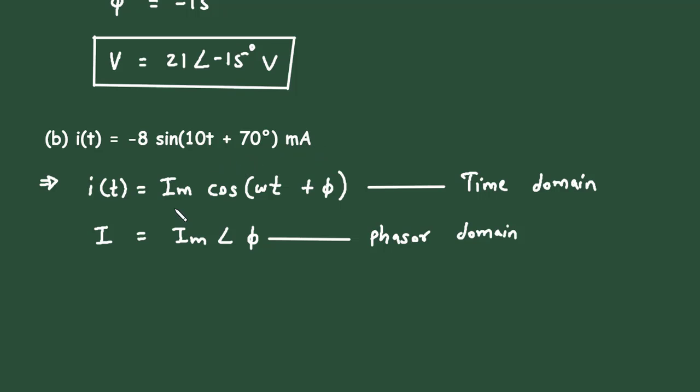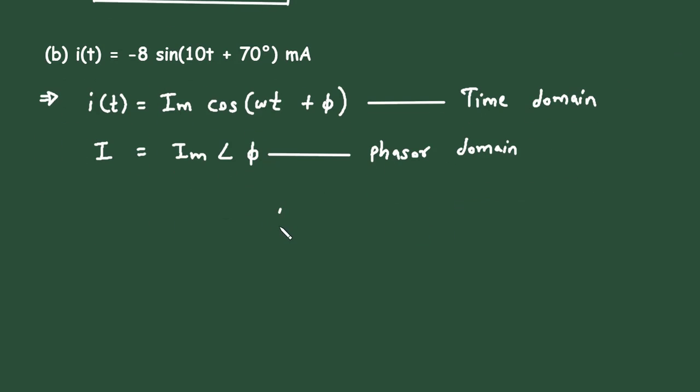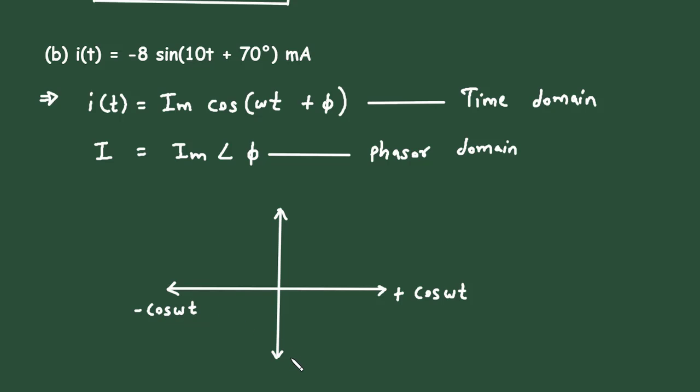Now we have to convert this minus sine into plus cosine form. So let's go to the basics. Here this is plus cos omega t and this is minus cos omega t. This is plus sin omega t and this is minus sin omega t. When the phasor rotates in this direction, it is called the leading direction, or the positive direction.